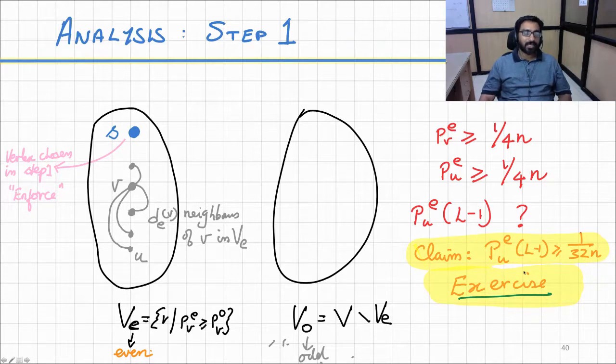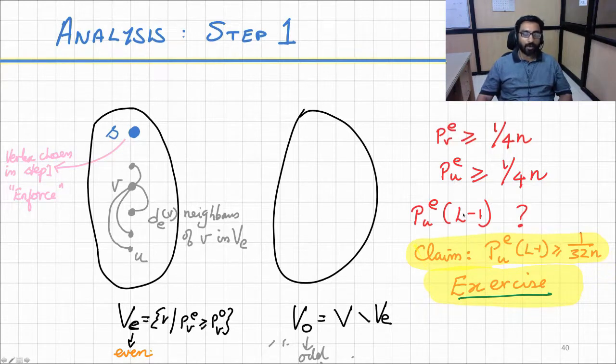So think about this. The hint that I would like to give is that basically we know PU superscript E is at least 1 over 4n. Now you'll reach U having taken several self loops.